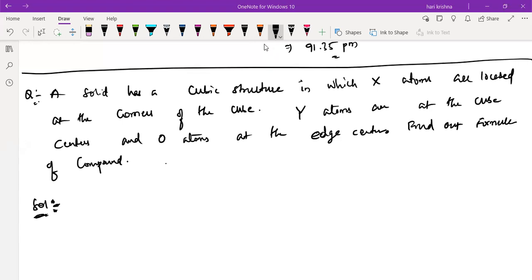Preeti, Jafar, Ramcharan, Shruti, and Vishwanath. Sir, XY2O3. XY2O3. Yes, sir. Any other answers?